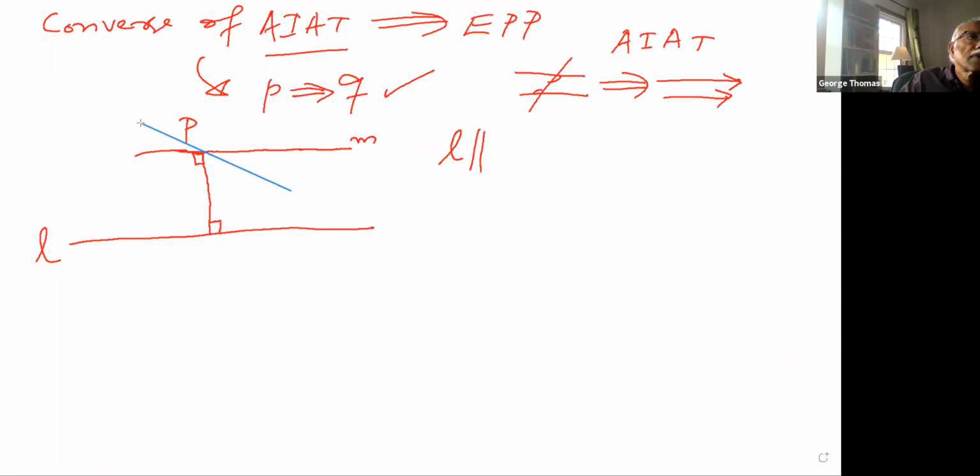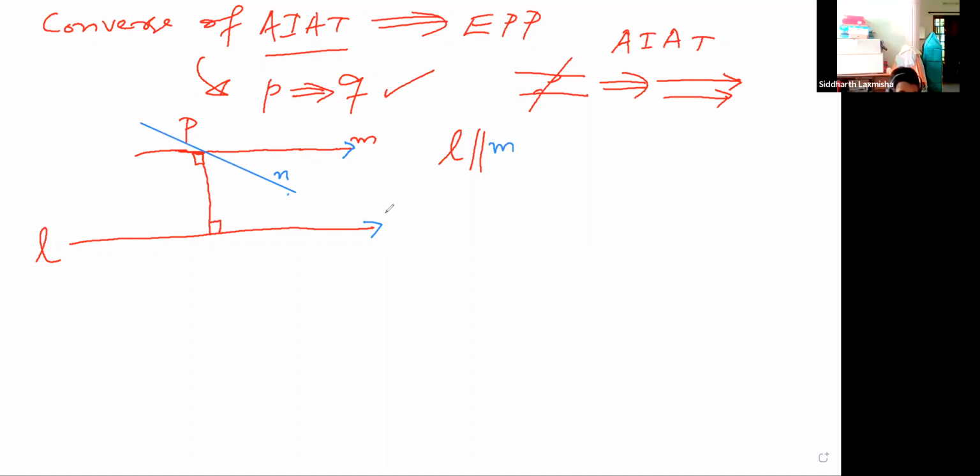Suppose this is a line. I will call it N. We have to prove that N cannot be parallel to L. Is that right? Yes, Anushka. Yeah, that's right.